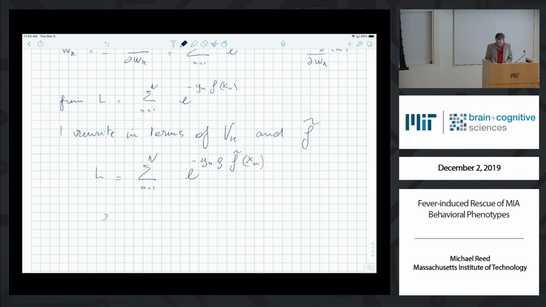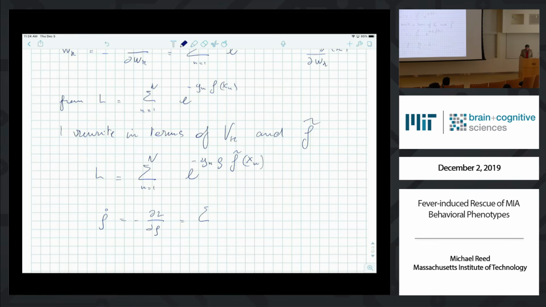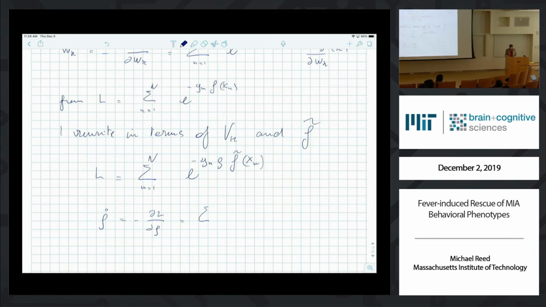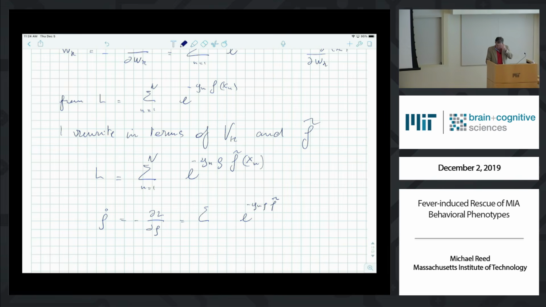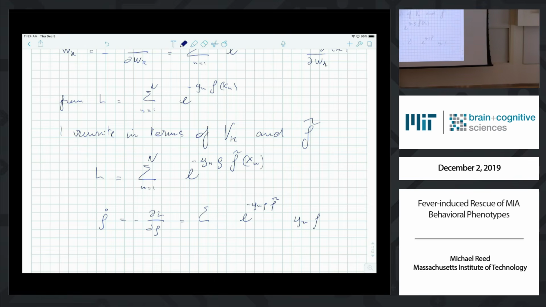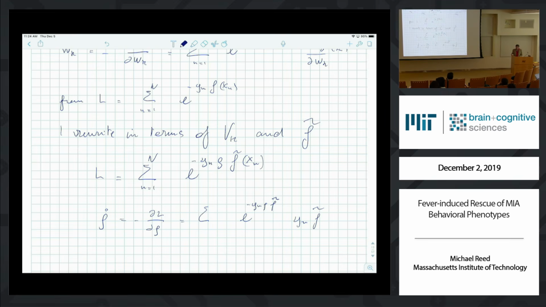If I write rho dot, using the usual gradient descent, this will be dL d rho, and this would be the sum over n of e to the minus y_n rho f tilde, times y_n f tilde here, and this would be x_n.